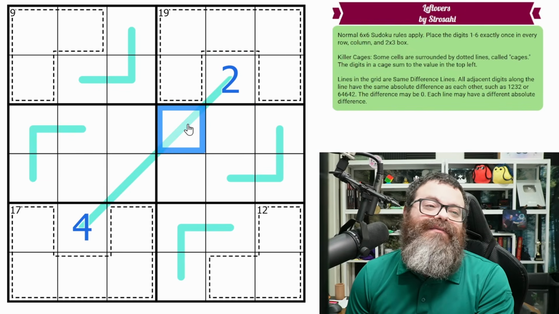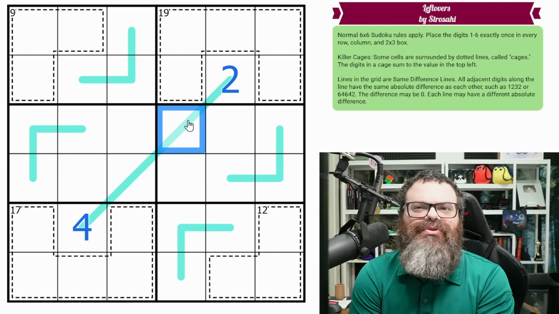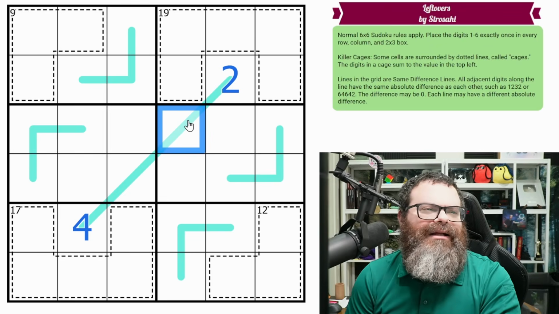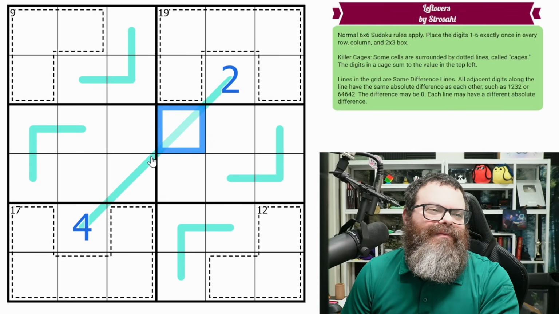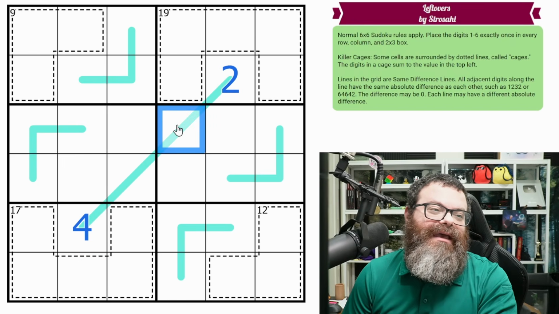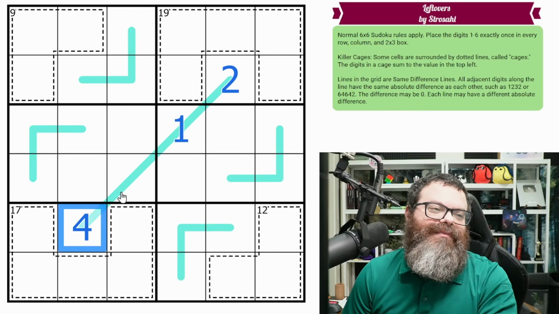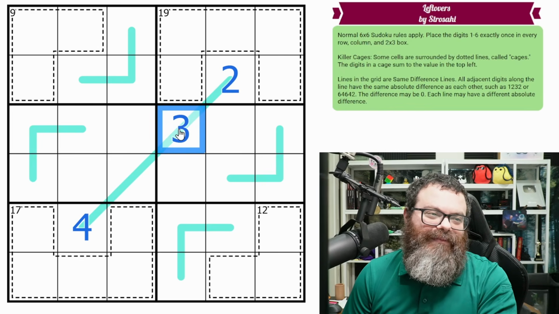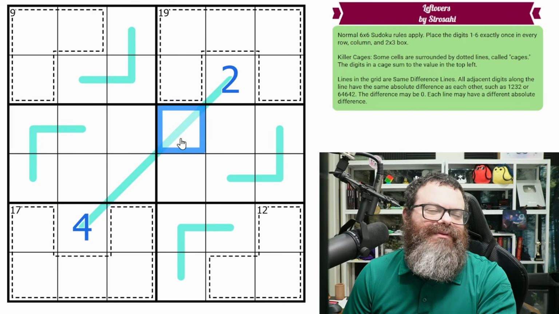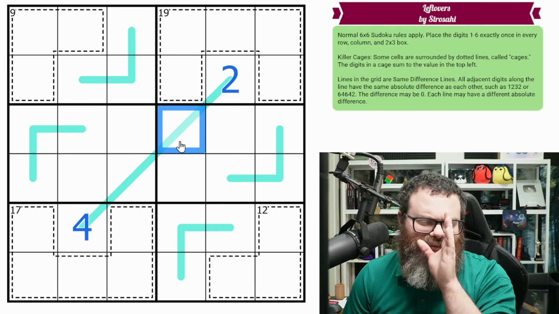Now the issue is that would mean our options are 2 or 4. A difference of 6 isn't possible because we don't have digits that big. So a difference of 4 would actually force us to go 2, 6, 2, and then back to 6, and that's no good. Wait, sorry, I said difference of 2, not difference of 1.